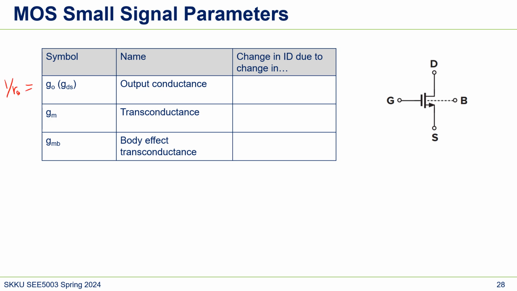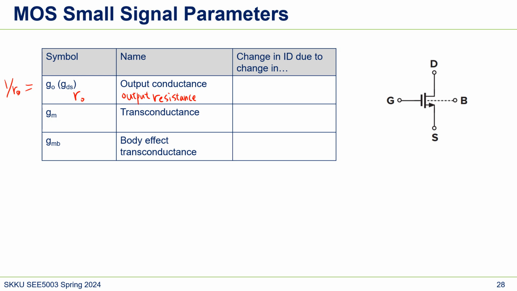In the previous slide I said ro because that's what we usually use. This is just 1 over ro. The name is output conductance, or we also call this output resistance. I think we mostly use output resistance, and this is what we're going to use more often.